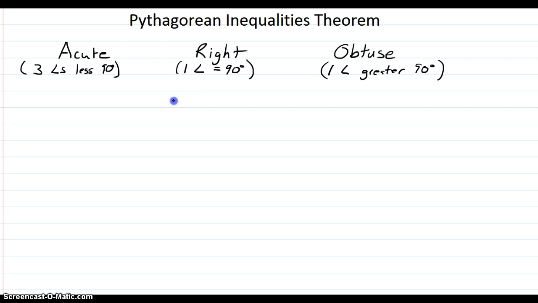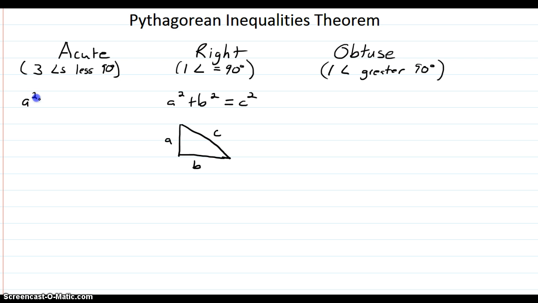So we can use our Pythagorean theorem to tell us this. We know that a squared plus b squared equals c squared. That's a right triangle. When we have a triangle with our A, our B and our C, and we plug our numbers into the Pythagorean theorem, when a squared plus b squared equals c squared, it's a right triangle.